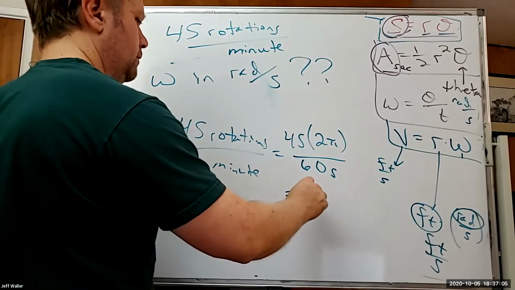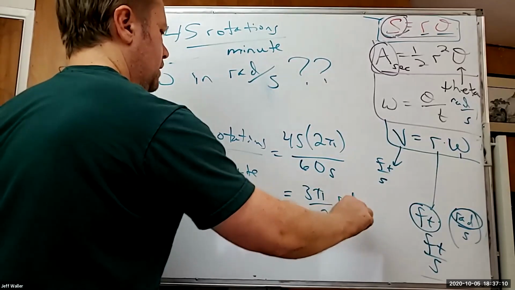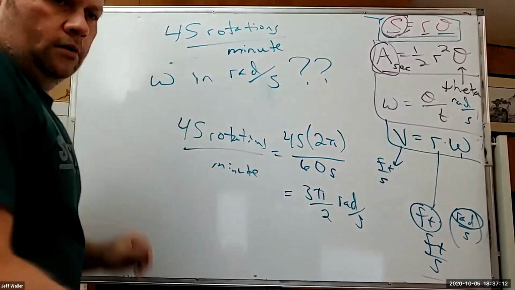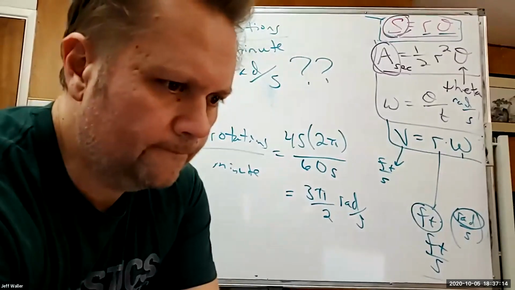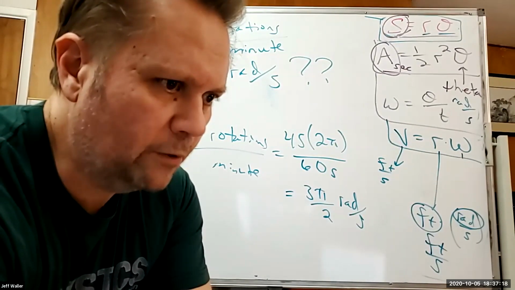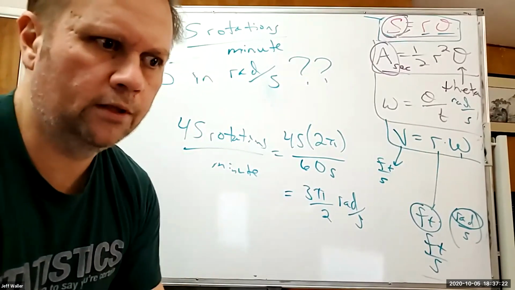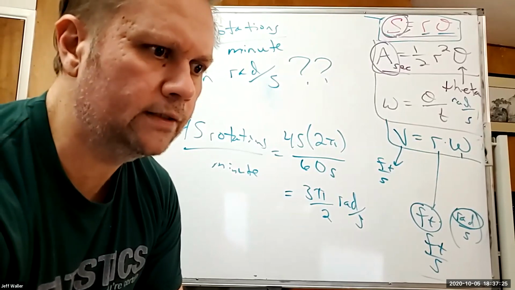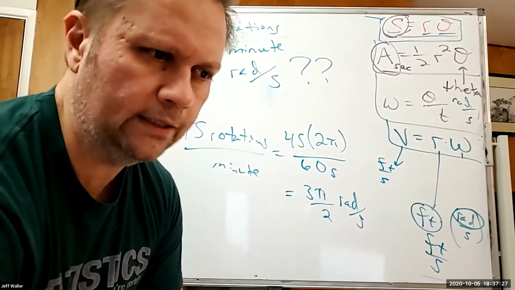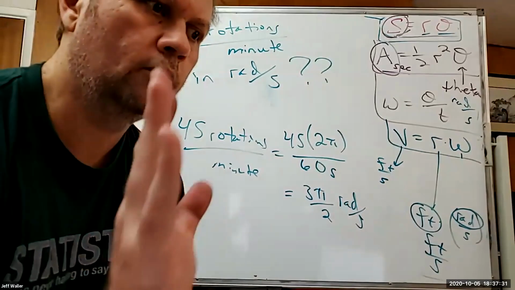I think it is. 3 pi over 2 radians per second. Is that what it is? Yeah, so let's try one more and then I'll call it a day. That one was pretty straightforward. It was kind of nice because they gave us the velocity in rotations per minute, so it was just a direct conversion to radians per second.